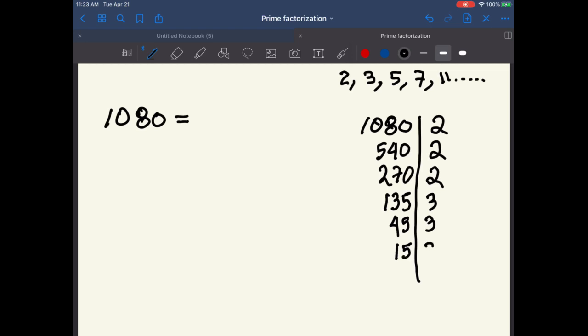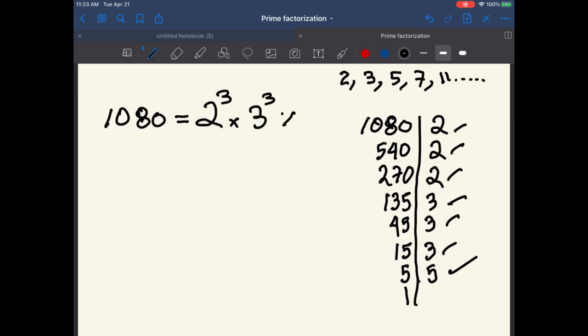And 15 divided by 3 is 5. 5 is only divisible by 5, and I get a 1. Now I write 1080 as 2 to the 3rd power times 3 to the 3rd power times 5. And now I did the prime factorization of 1080.